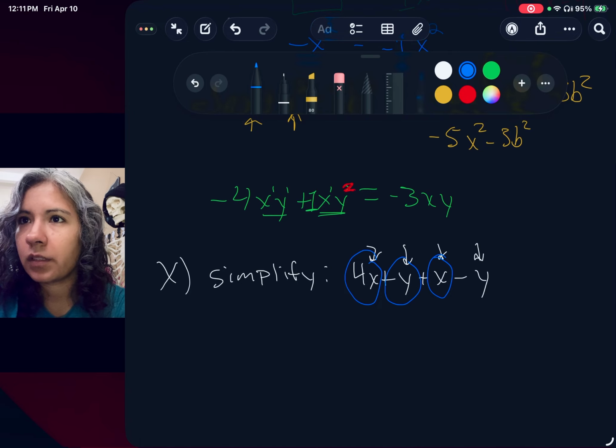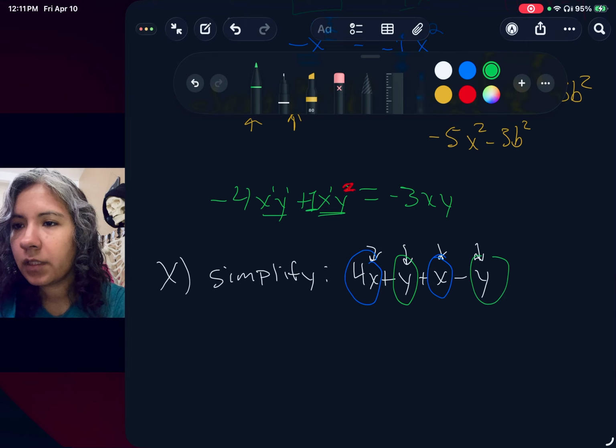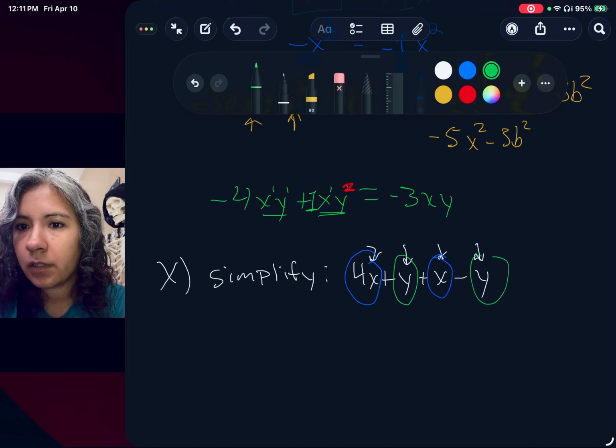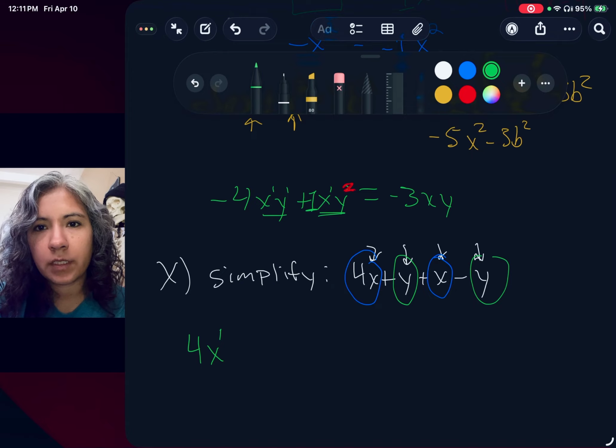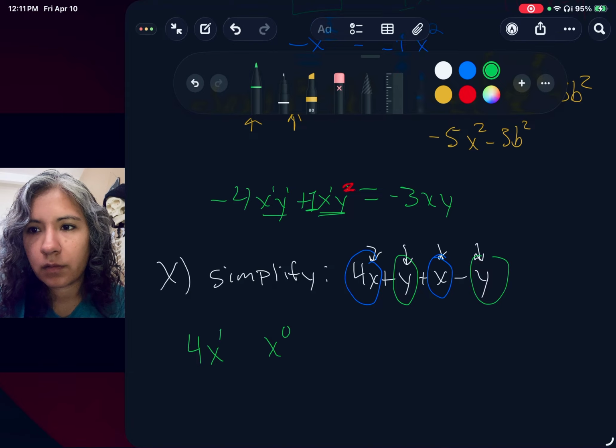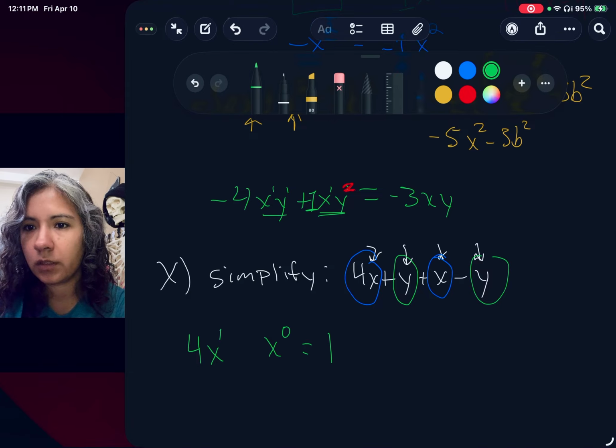These two. Okay, so we have 4x, and that's our exponent of 1, super secret ninja 1. It wouldn't be 0 there because that by math rules is equal to 1.